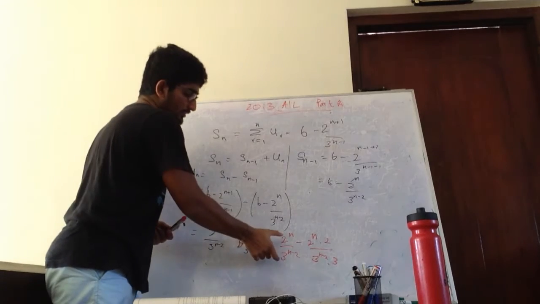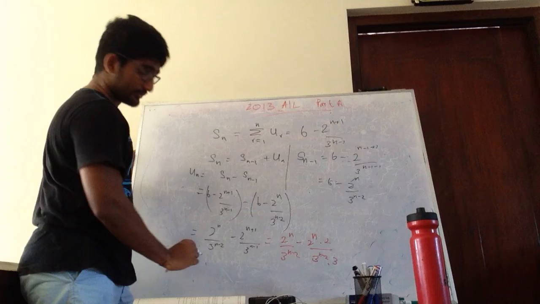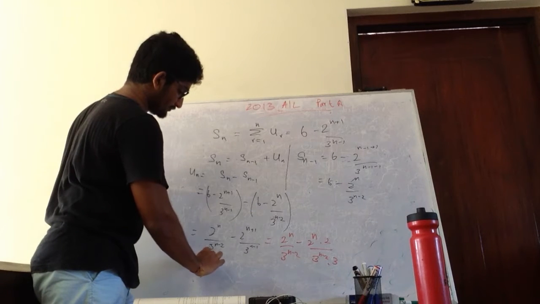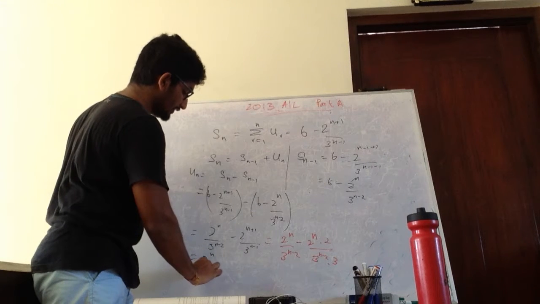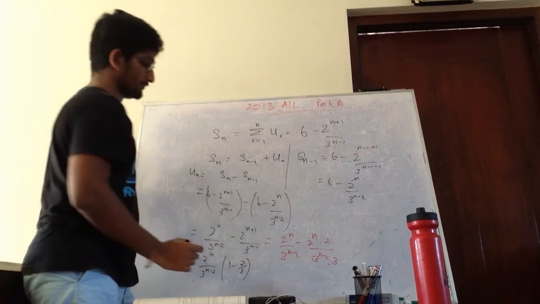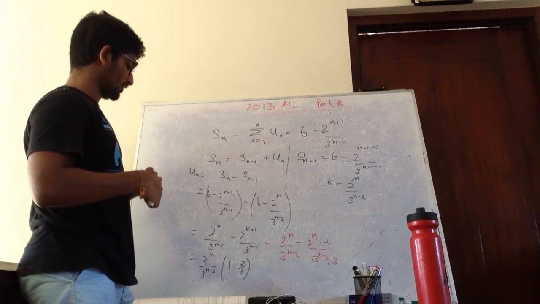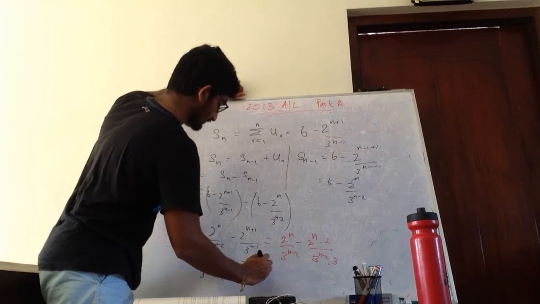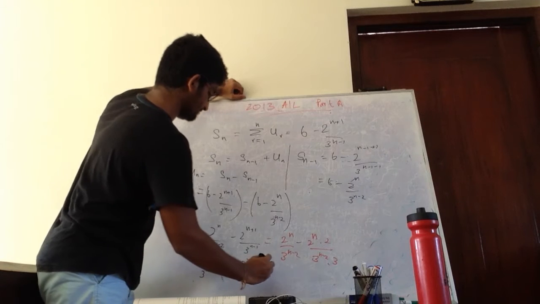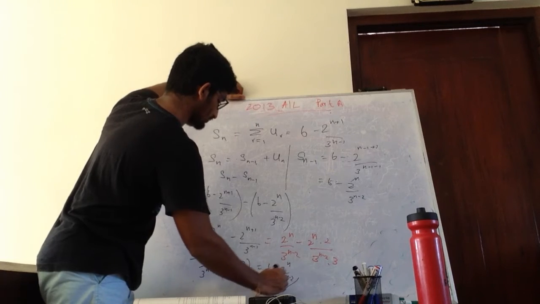So then I'm going to take this as the common factor out. That is 2 to the n over 3 to the n minus 2, times 1 minus 2 over 3. Right? No? So basically you will get 1 over 3 times 2 to the n over 3 to the n minus 2.